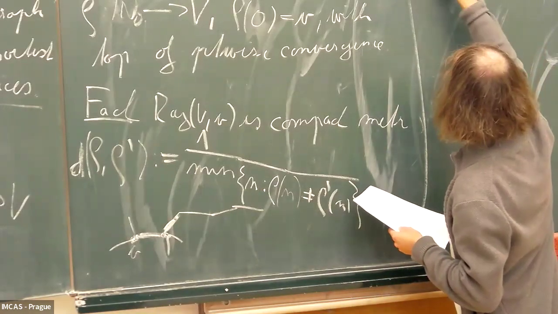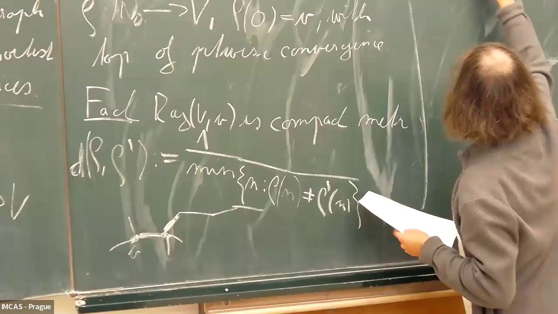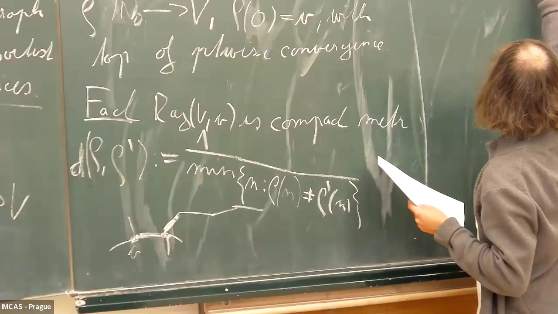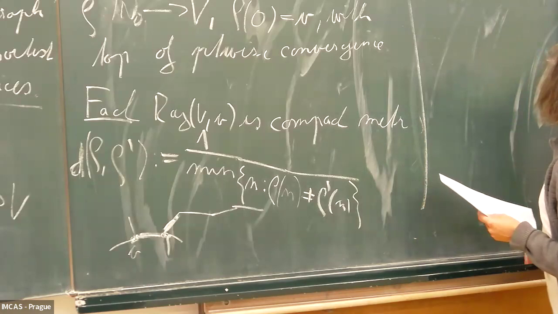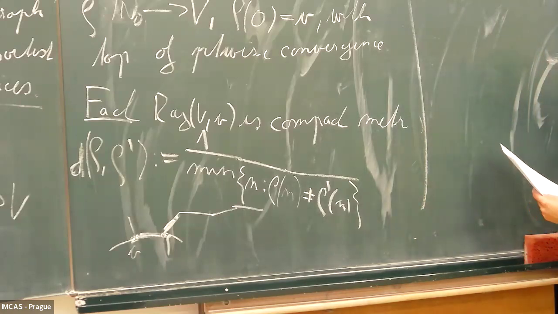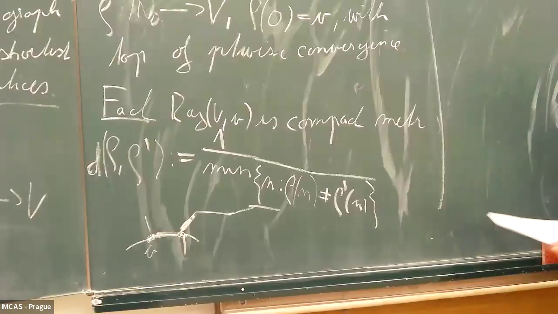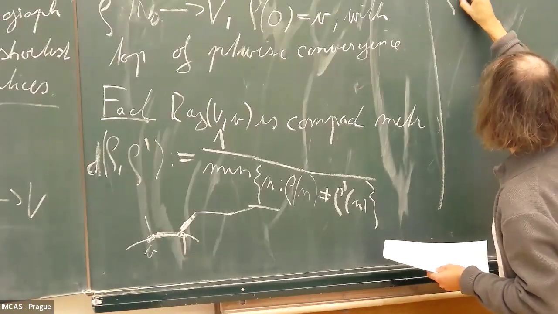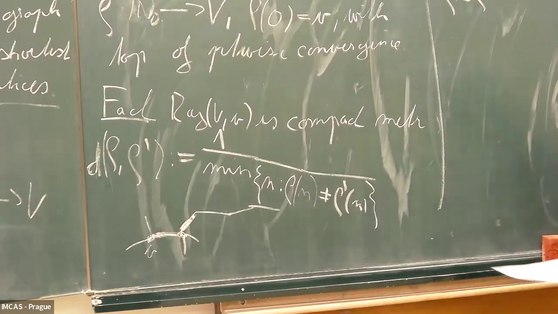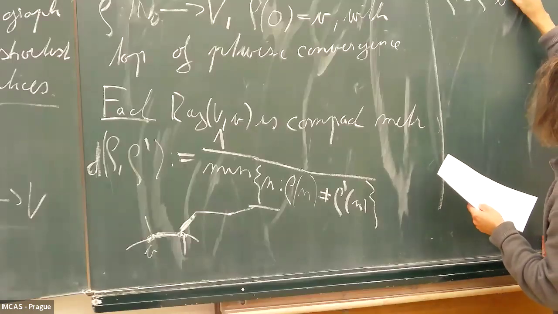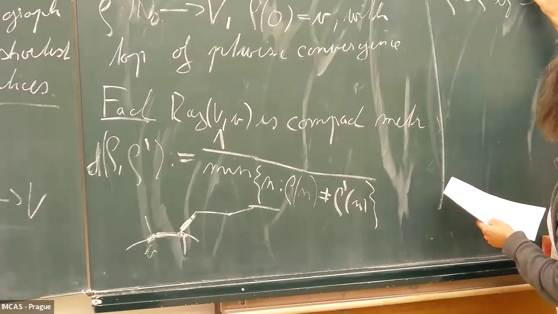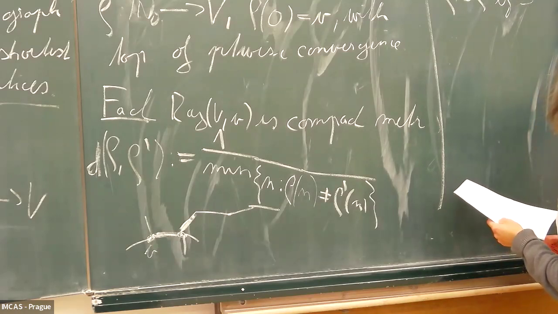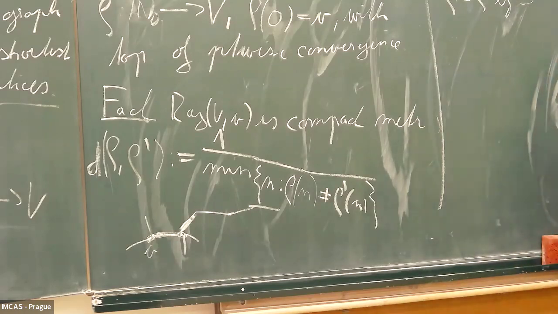We define an equivalence relation. Two rays rho and rho prime are equivalent if there exists some constant K such that these two rays stay close to each other.